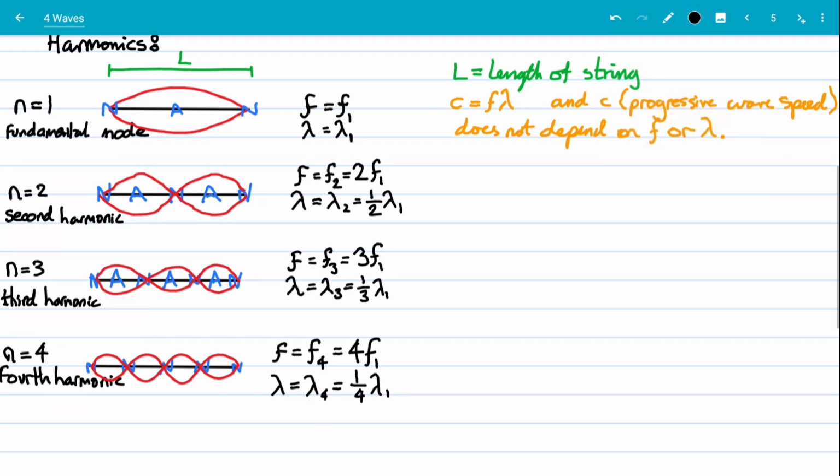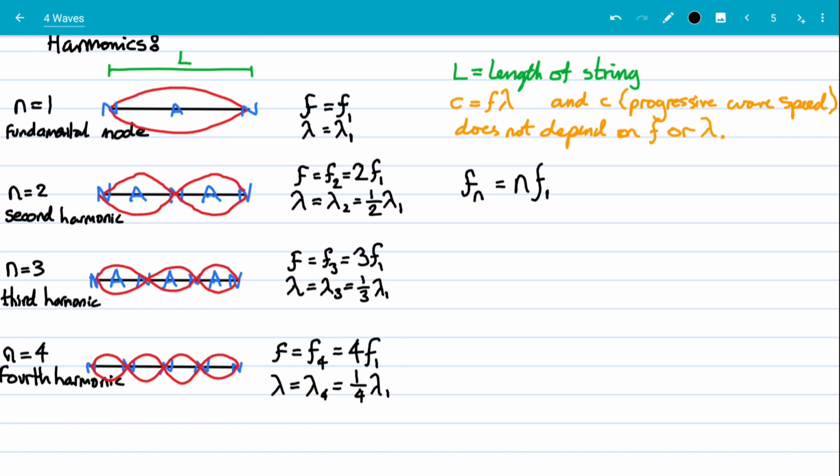So we could say in general that the frequency of the nth harmonic is going to be equal to n times the frequency of the first harmonic, the fundamental frequency.